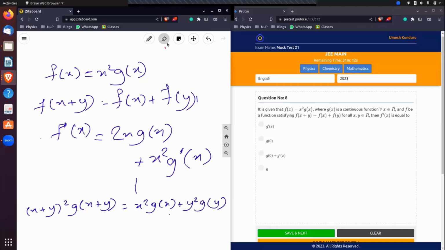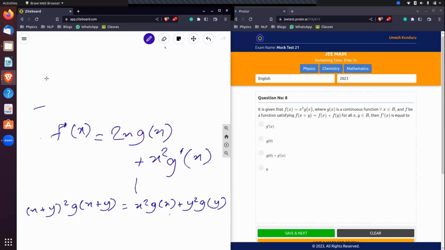So let me just erase the top part. If we expand this out a little bit, the thing again is that you don't gain much by putting y equals 0 here, or x equals 0, because this term is going to go away. So is there something slick even though?